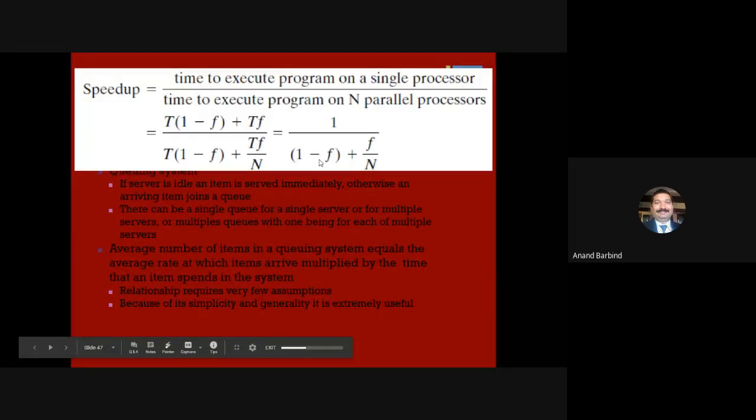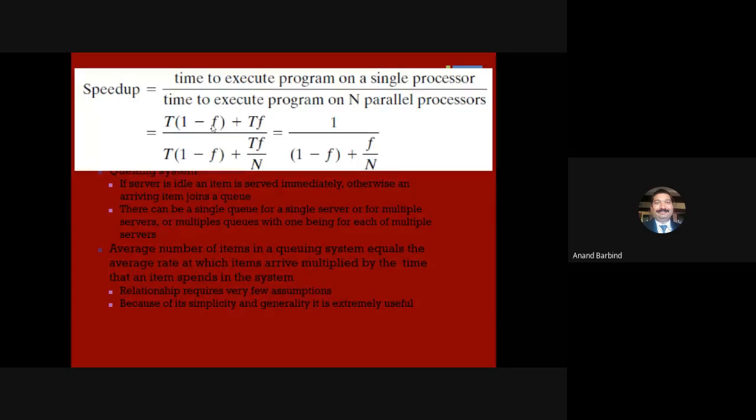okay, so this is the formula for speed up, that is the time to execute the program on a single processor divided by the time to execute the program on n parallel processors. This is the basic statement of Amdahl's law, and you can put it in the form T into 1 minus F plus T into F. What is F?